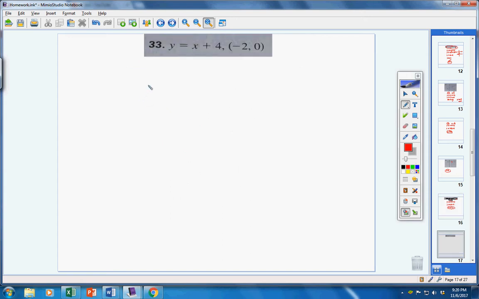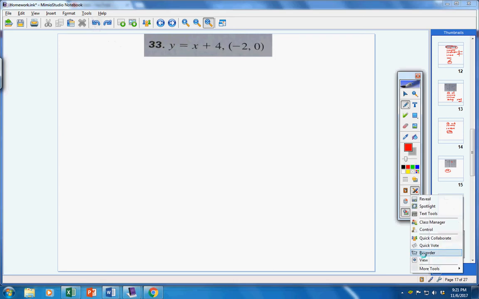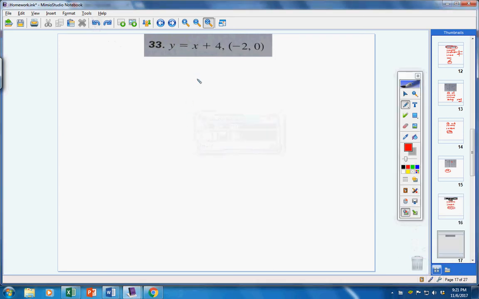Okay, now the directions say, listen carefully, to write a linear equation that passes through this point here and is parallel to this line here. Now listen carefully and think about this. In order for me to write a linear equation, I need some information, right, students?